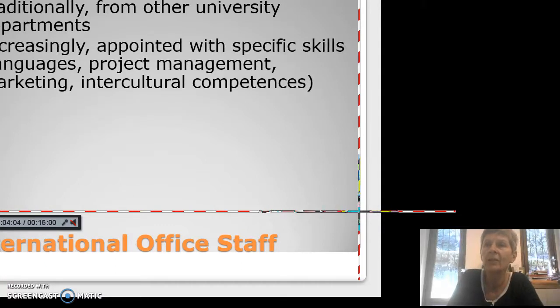But we can see a change in that as well, as increasingly the people who work in international offices tend to have been appointed specifically to that role because they bring specific knowledge, skills, competences. Whether it's around experience with intercultural skills, languages, but perhaps also more management style skills such as project management, marketing, recruitment, and so on.